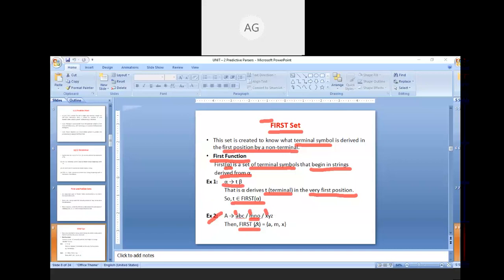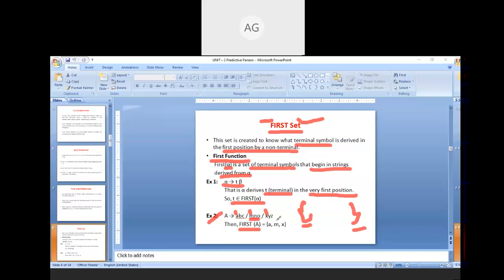So the first of A will contain the set of all the first symbols. You can write all the symbols in curly braces. Sets are something you already studied in your discrete structures. A set can be represented by enclosing it in curly braces. So here a, m and x are the three elements of first of A, because these are the first symbols of every production.